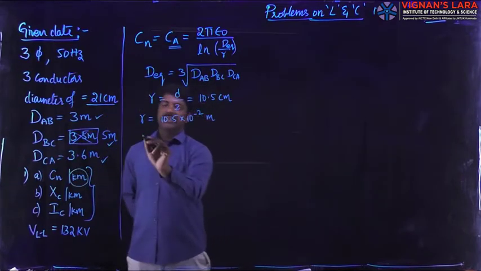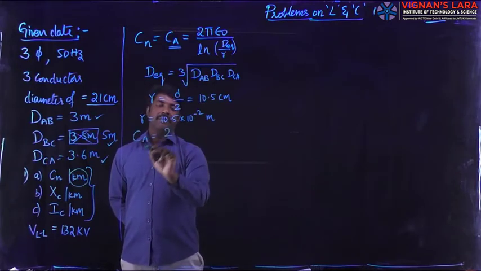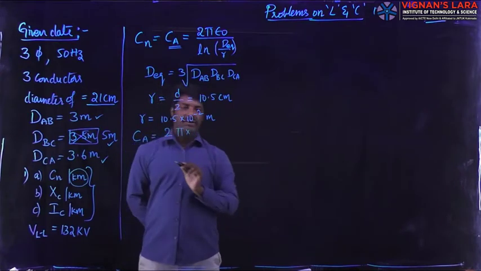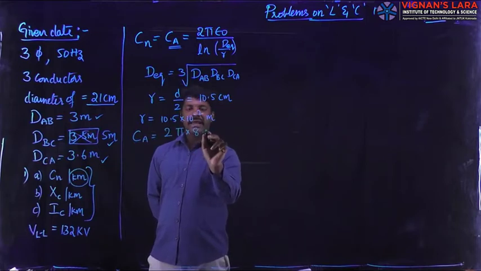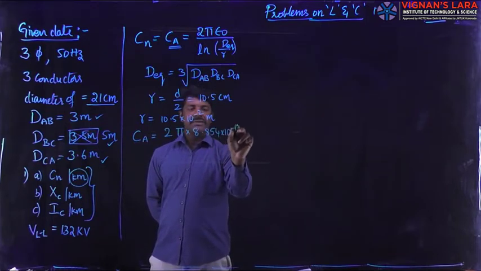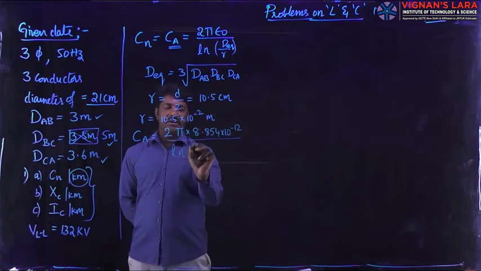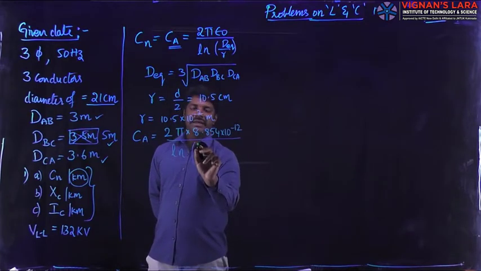So the capacitance Ca is equal to 2 pi epsilon naught divided by the natural logarithmic term of the ratio. Epsilon naught is the absolute permittivity, whose value is 8.854 into 10 power minus 12. The ratio is D equivalent over R. What is D equivalent?